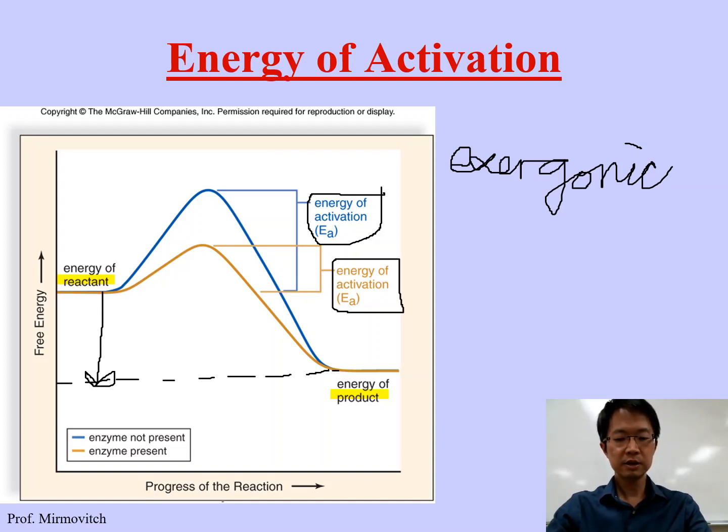The difference is in the key. The orange one has enzyme. The blue one does not have enzyme. So in other words, the function of the enzyme is to lower the activation energy of the reaction. When we lower the activation energy, it will be easier to convert the reactant into product.